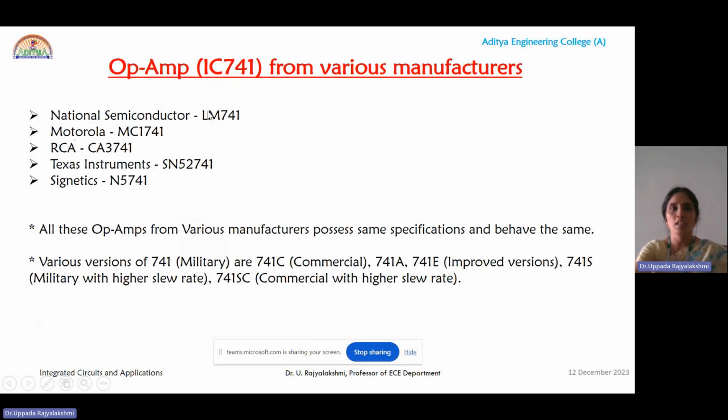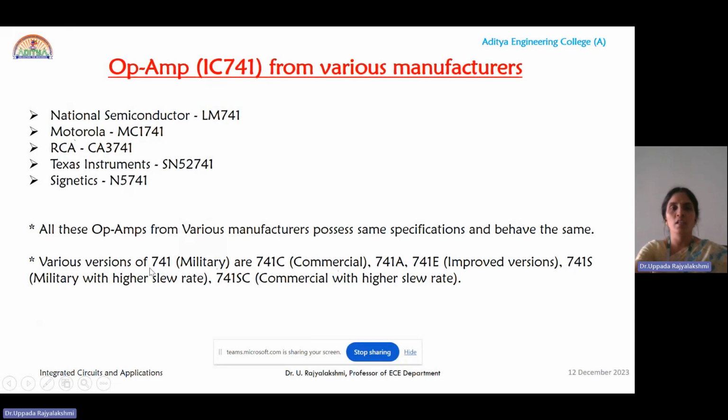National Semiconductor represents it as LM741, Motorola as MC1741, RCA, Radio Corporation of America, as CA3741, Texas Instruments as SN52741, and Signetics as N5741. Whatever the initials provided by the manufacturer, the behavior of the IC remains the same.